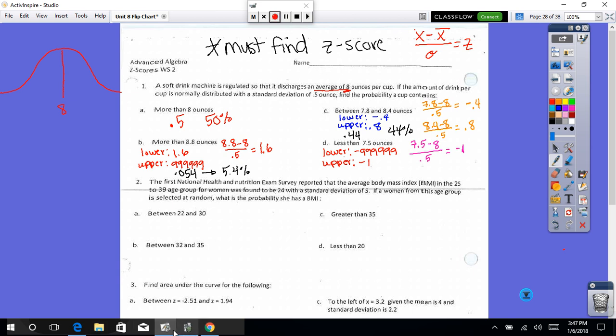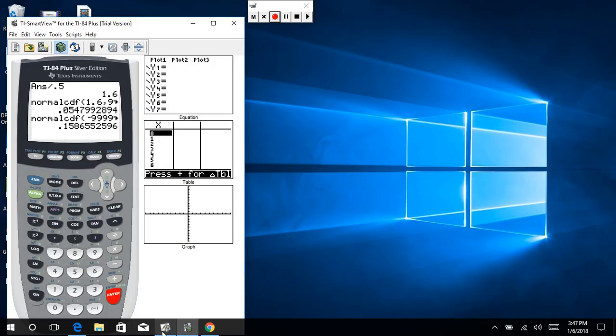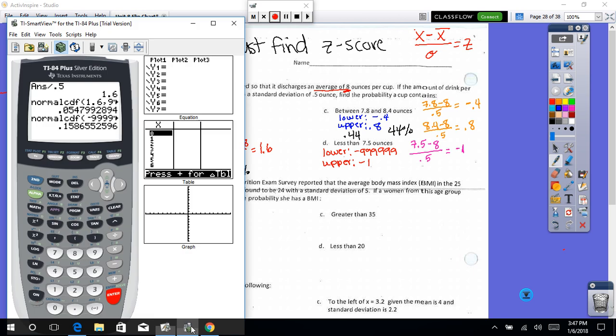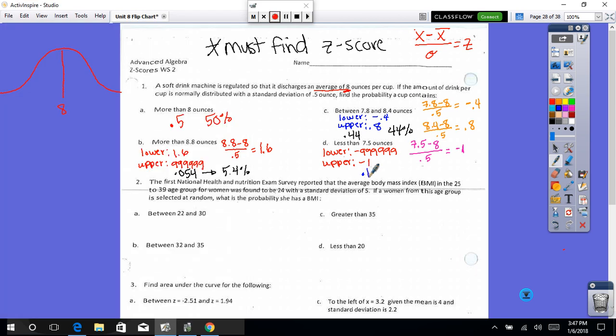And we get 0.158, which is 15%. I know I just wrote 4 when I clearly said 158. So it's actually 15.8%.